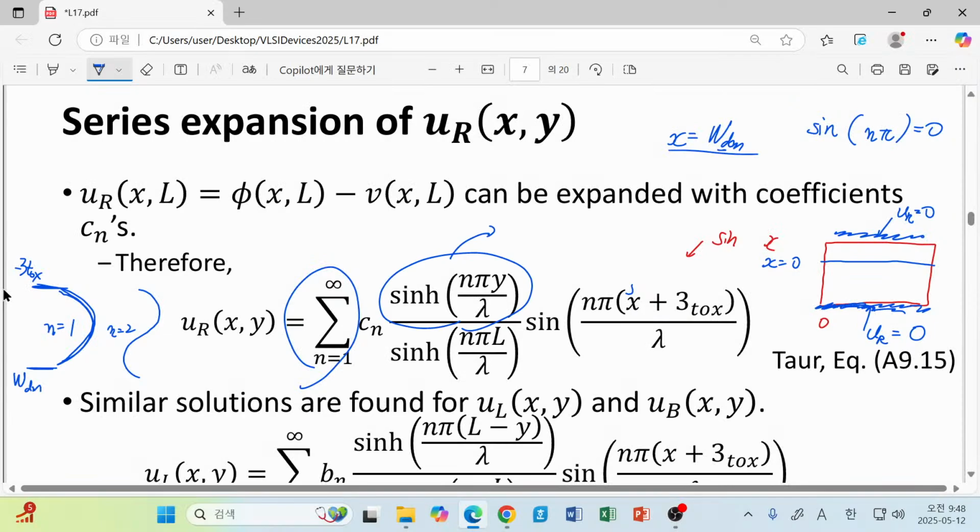Yes, when we insert the hyperbolic sine of n pi L over lambda, of course this one does not vanish. So that's the reason why we can say that in this part we don't have a vanishing UR function.